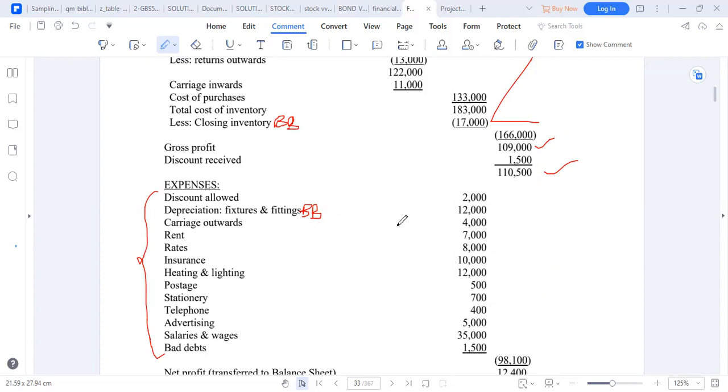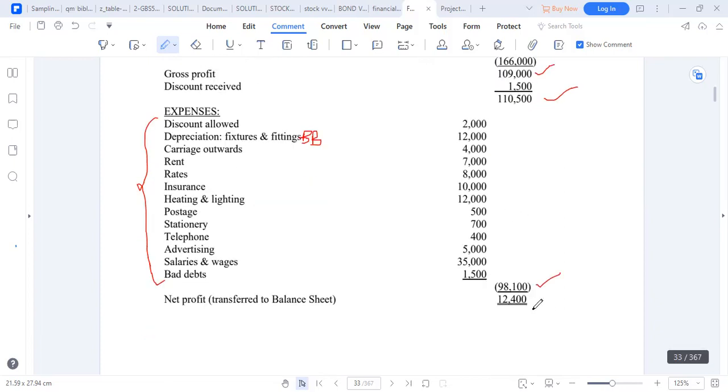Then we have carriage outwards, 4,000, rent, rates, insurance, lighting, postage, up until the bad debts. All these are operational expenses. When we add them, 98,000 from 110, we get our net profit, which is 12,400. So this one will also be transferred to the balance sheet.